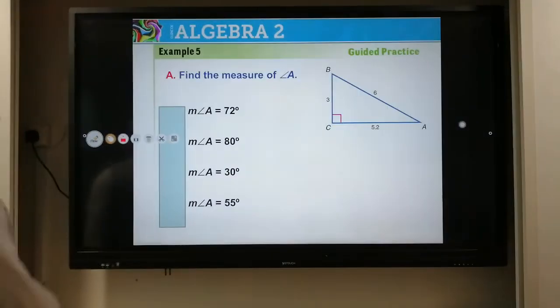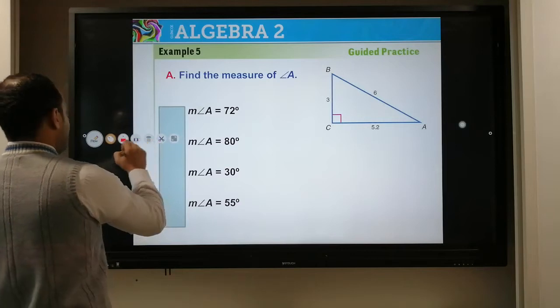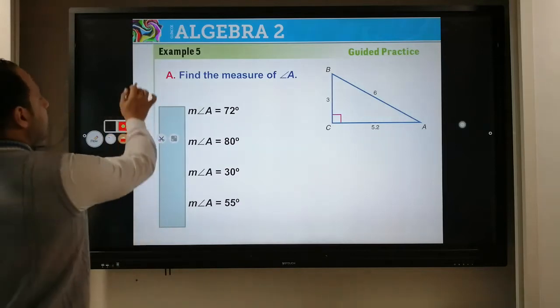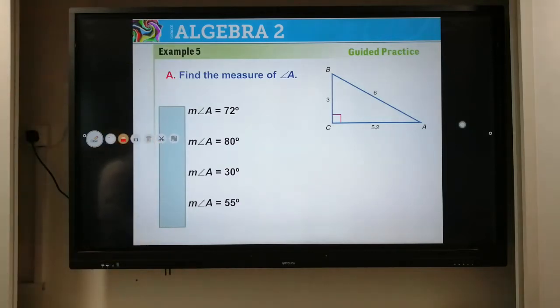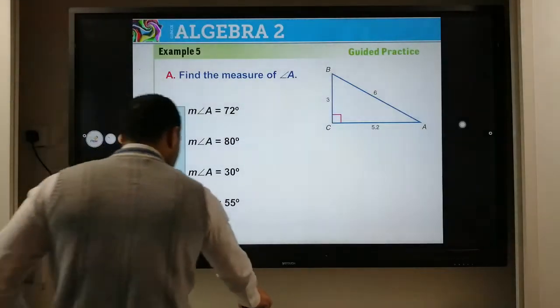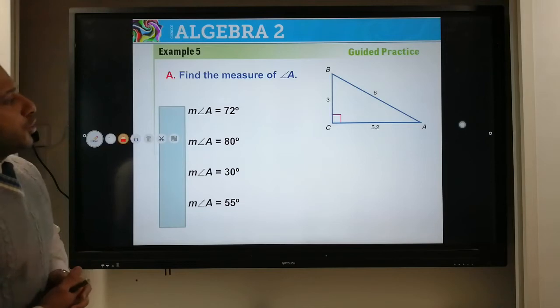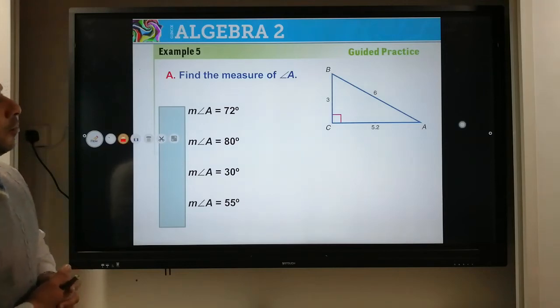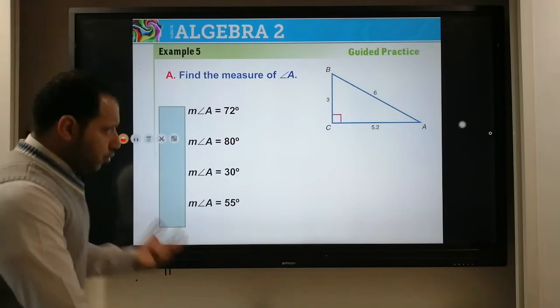Find the measure of angle A. I need to find the measure of angle A, in the same way. But you need to use, okay, there is no problem, cosine.